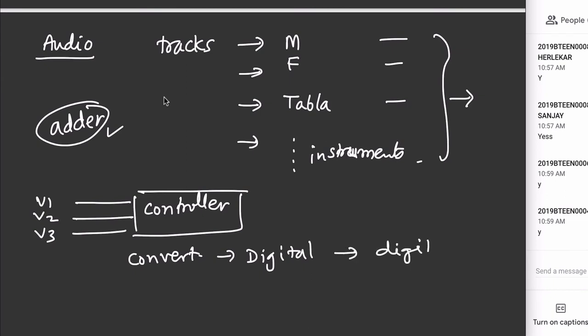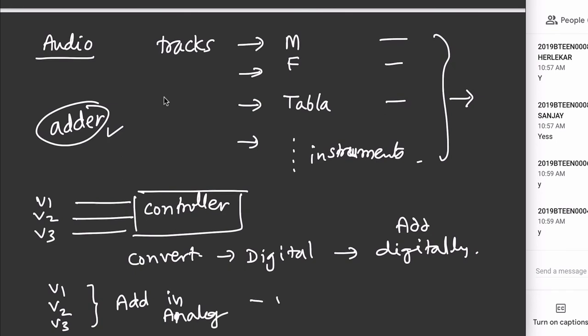It means add digitally. The other approach is that you take V1, V2, V3, add them in analog domain, and the final VO you convert into digital and then process.